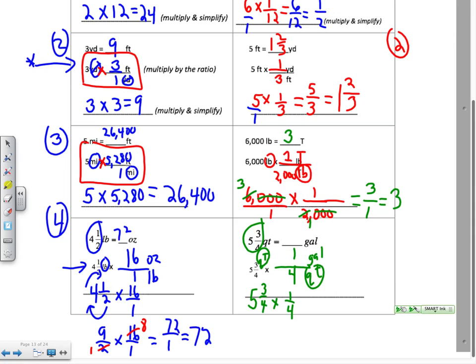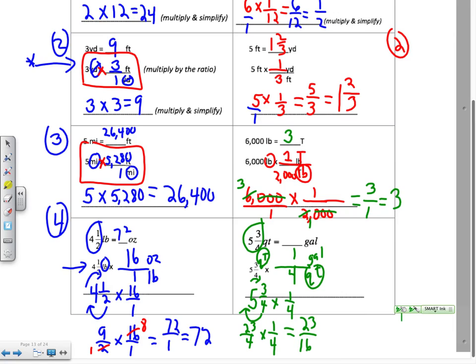Here we've seen these problems. It's a mixed number times a fraction. I change my mixed number into an improper fraction. 4 times 5 is 20. Plus 3 is 23. So this is 23/4 times 1/4. Looks like I can't cancel out going across. So 23 times 1 is 23. 4 times 4 is 16.